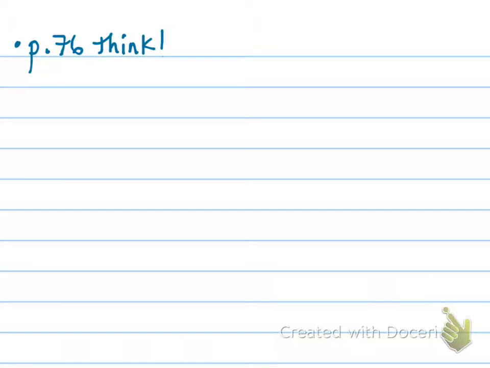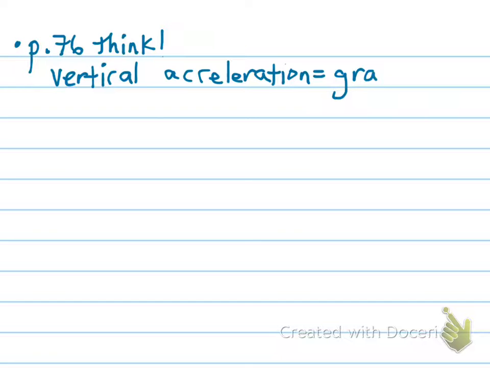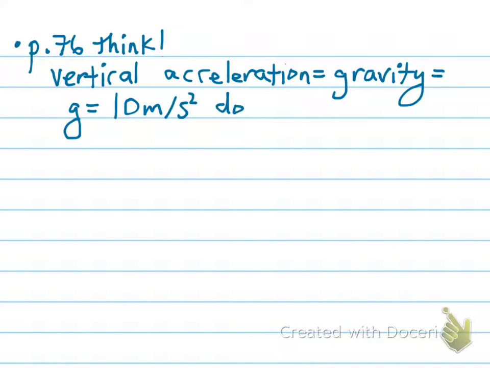Well, what's going to accelerate it in a vertical direction, up and down? The vertical acceleration is gravity. And what is the acceleration due to gravity? g, which is 10 meters per second squared downward.